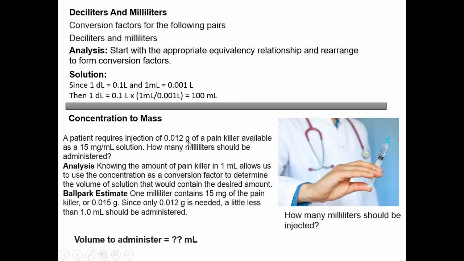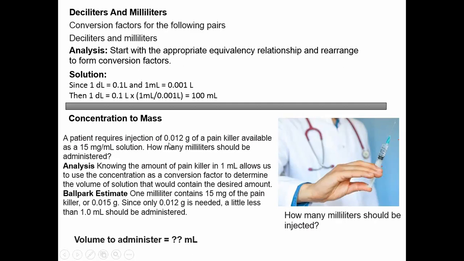You can see here that the patient requires injection of 0.012 grams of painkiller, but the painkiller itself is given as 15 milligram per milliliter. So the patient needs 0.012 grams, but the painkiller is given in milligrams rather than grams. So you need to convert either milligrams to grams or grams to milligrams. Whichever is okay, because you need to bring both to the same dimension.